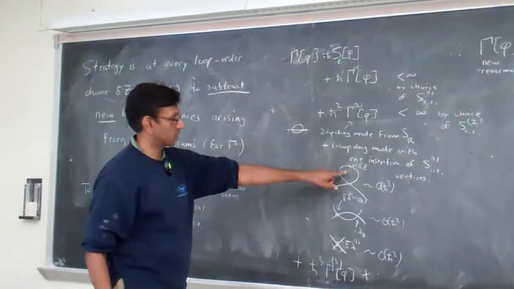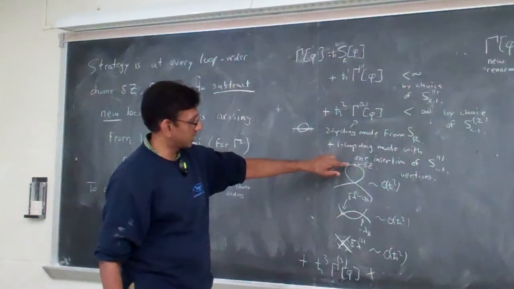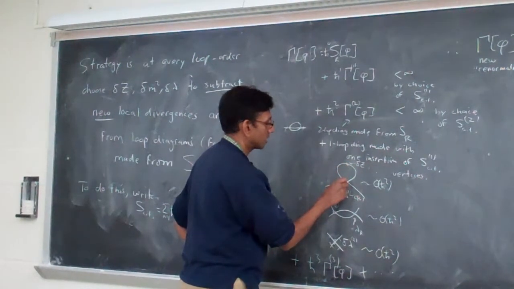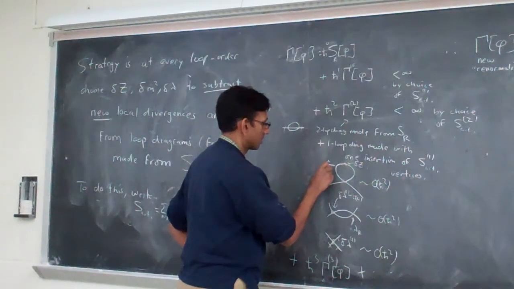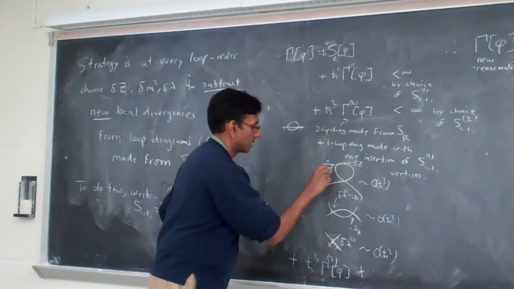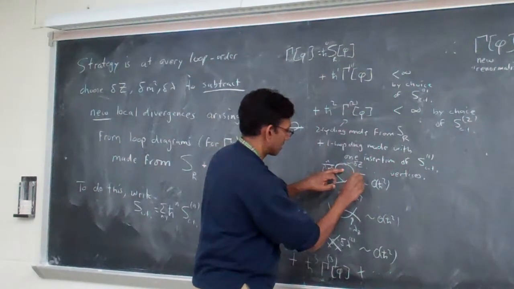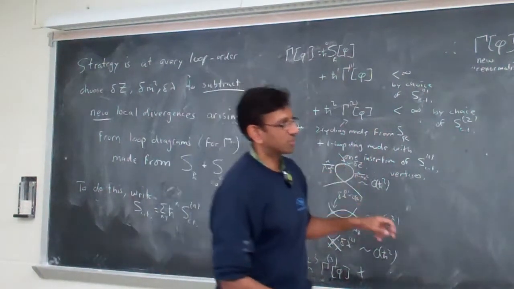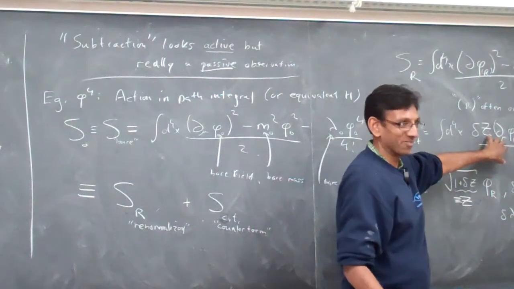So, for example here, this is an example where you should think of this as drawing the usual propagator like that, and another one here. And here you're inserting, you're thinking of this as a kind of a rather weird vertex. It's not a 3-point vertex, it's a 2-point vertex.